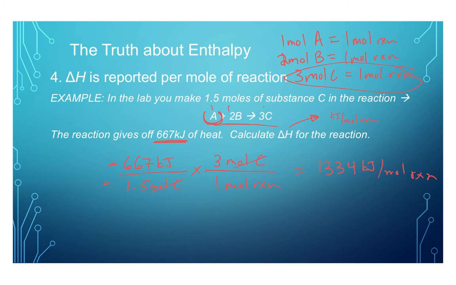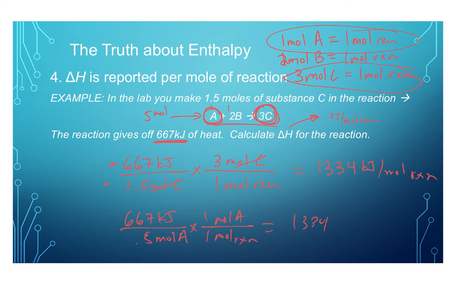Well, we get 1.5 moles of substance C at a 3-to-1 ratio, so we would have actually only needed to use 0.5 moles of A in order to get 1.5 moles of C. If I do that, 667 kilojoules per 0.5 moles of A, the ratio is 1-to-1 for moles of A to mole reaction. 667 divided by 0.5 gives me the same value.